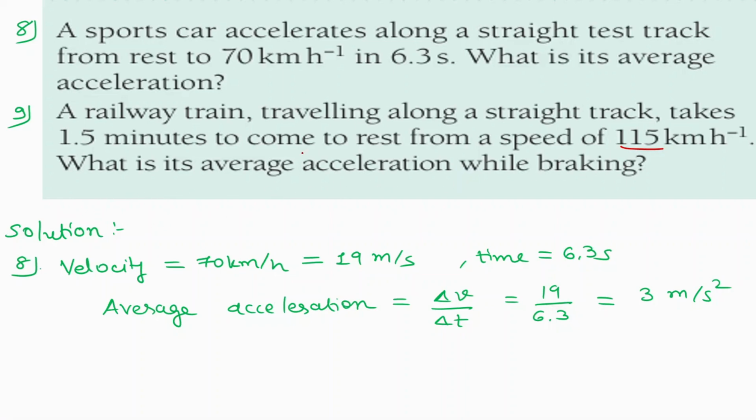In this case, the train is already moving at 150 kilometer per hour, but it must be stopped in 1.5 minutes. So the initial velocity is 150 kilometer per hour, and the final velocity is zero because we are braking, in the time of 1.5 minutes.